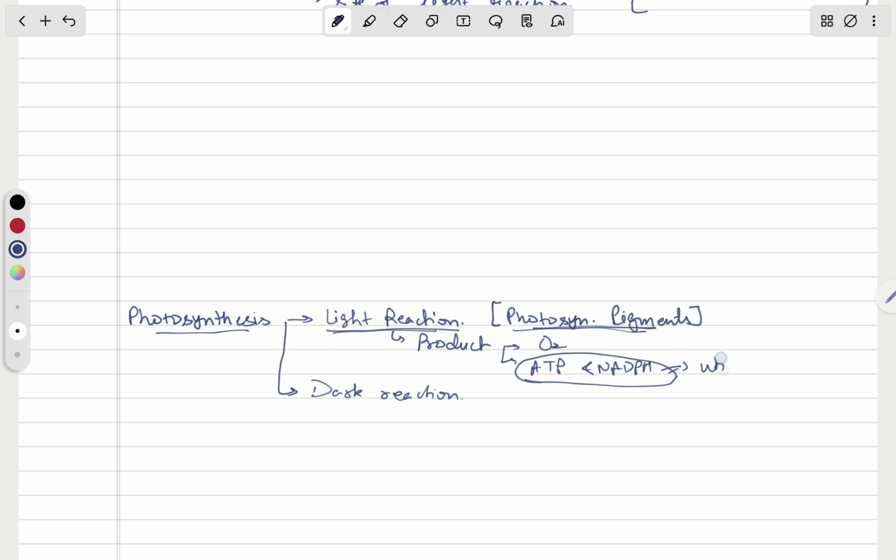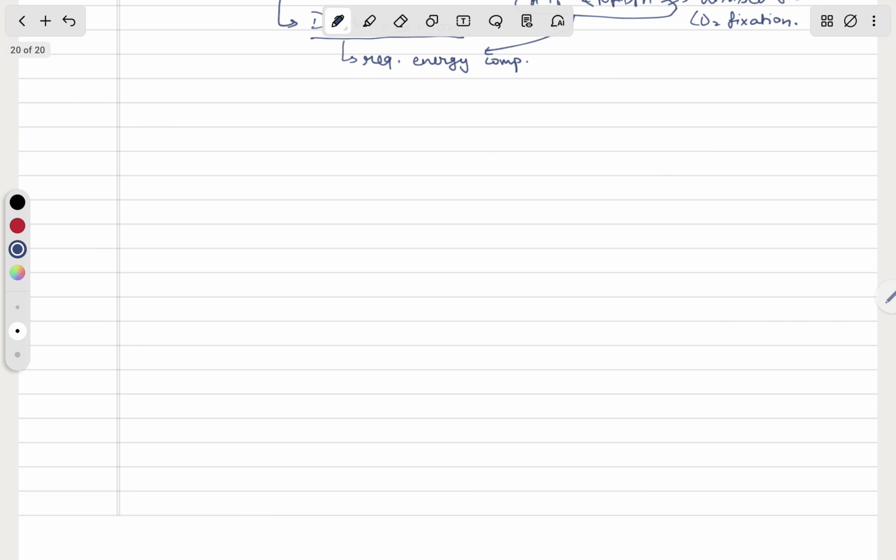They are utilized for CO2 fixation, or we can say formation of glucose molecules. So the dark reaction requires this energy compound produced by the light reaction, and it requires enzymes for synthesis of glucose.